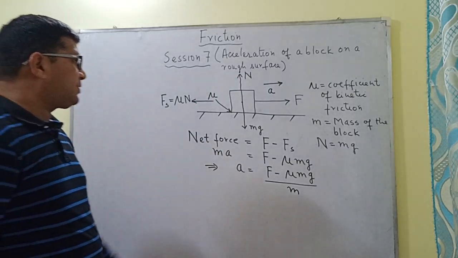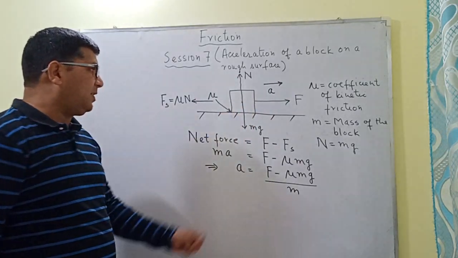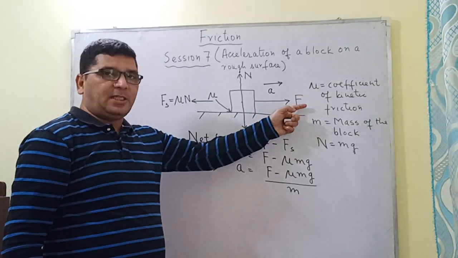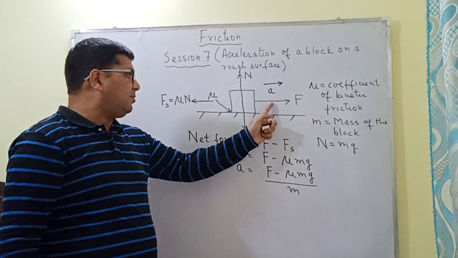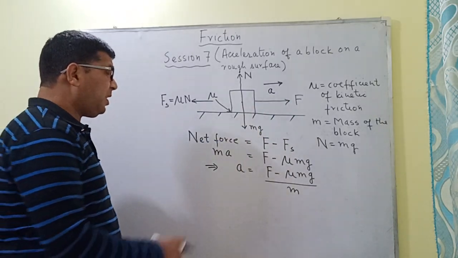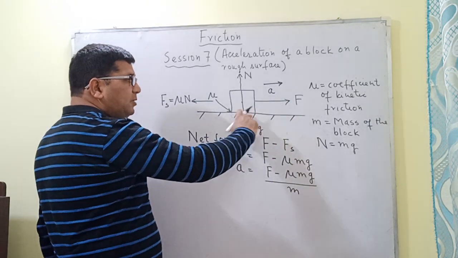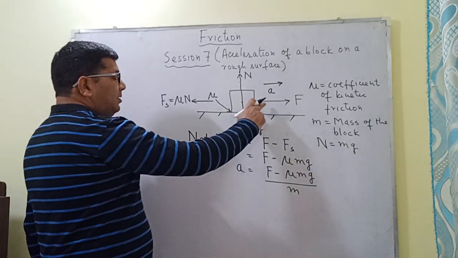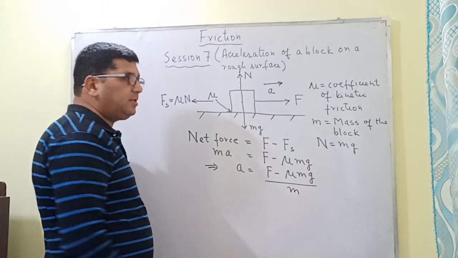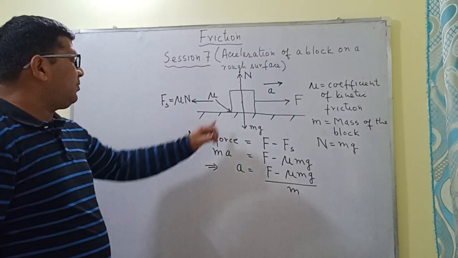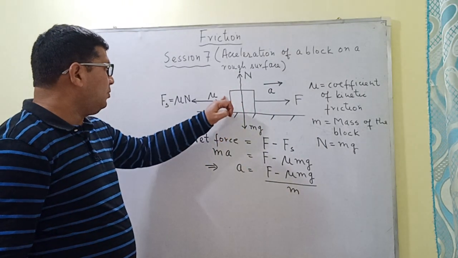So in this case, when we apply an external force F in this direction, as shown with the help of this arrow, and this force F is applied parallel to this horizontal surface, the block moves in this direction with an acceleration a. The coefficient of kinetic friction between this block and the surface is mu.